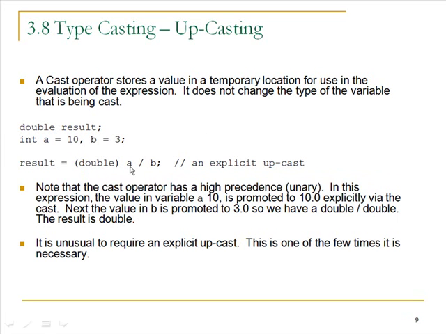The cast operator has a higher precedence than the arithmetic operators. So this cast operator grabs onto what's on its immediate right and upcasts the value to 10.0, and now we have a double divided by an int. We can't do that, so the int is then promoted to double 3.0. Now we have a double divided by a double. So we almost never have to upcast in Java. The division operator is one place where sometimes you do need to.